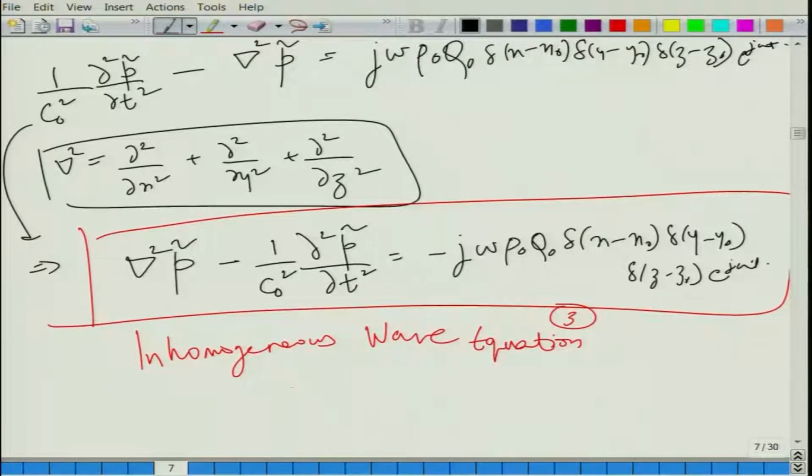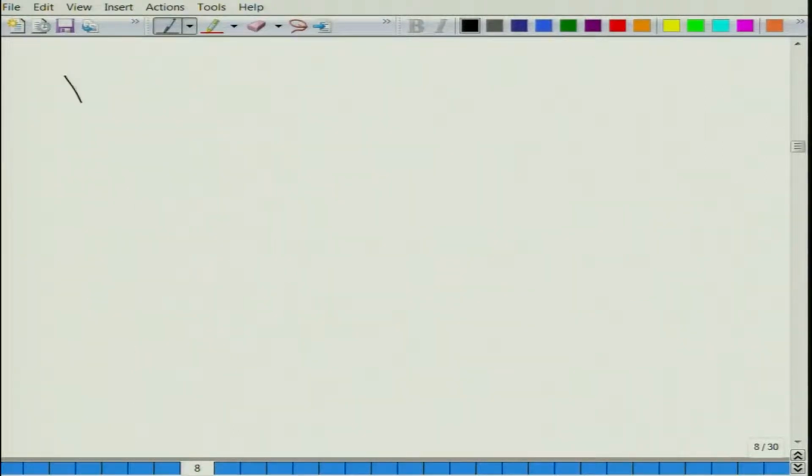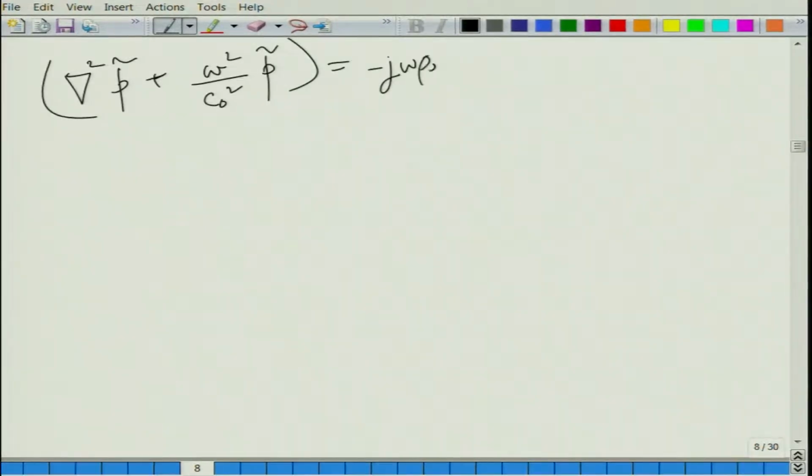Okay. So, this is what we are going to get. Now, if we assume that this is time harmonic, you will get this, and e j omega t is taken out, we get this sort of a thing.